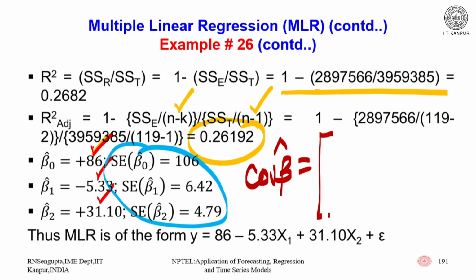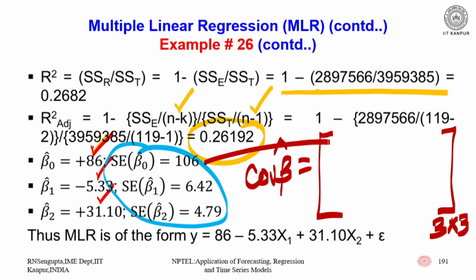So, in this case it will be of size 3 cross 3, and the corresponding standard error for beta naught, if I take the square root, it becomes the square of the standard error, which should be going in this place, square of that, remember not 106, square of that.